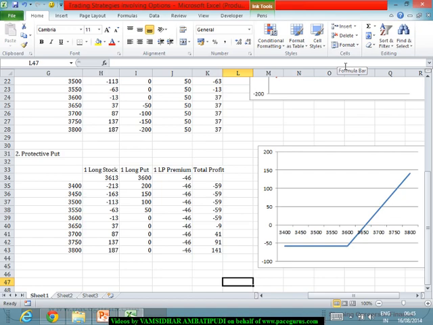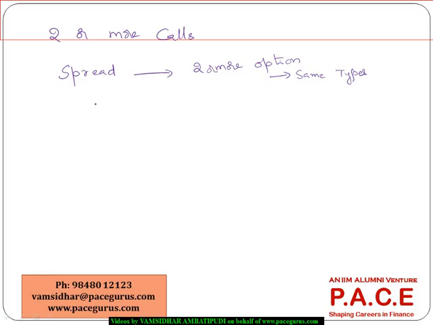So in that context, let's start off with what we categorize as bull spread strategies. In the bull spread, when I am talking about calls, I call it the bull call spread strategy. Here we talk about one long call. Now here we don't have underlying stocks.